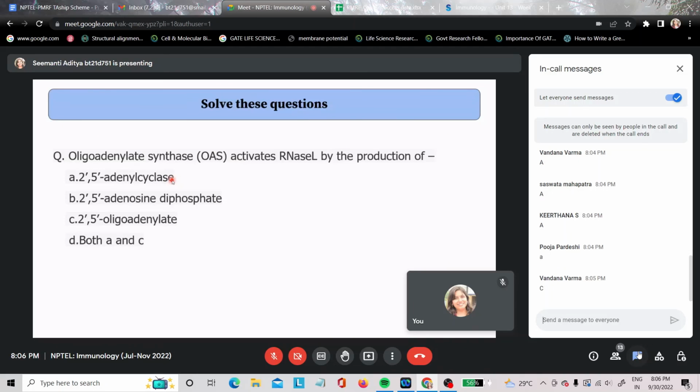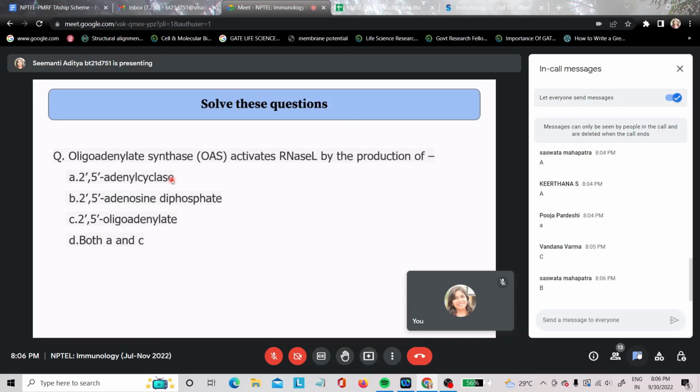For example, also the interferons and TNF, certain cytokines of the TNF family. All these are important to know, because memory based questions always come up from this topic, and there is nothing to do, we have to mug it up, or you can write it down and just go through it if you do not remember it.